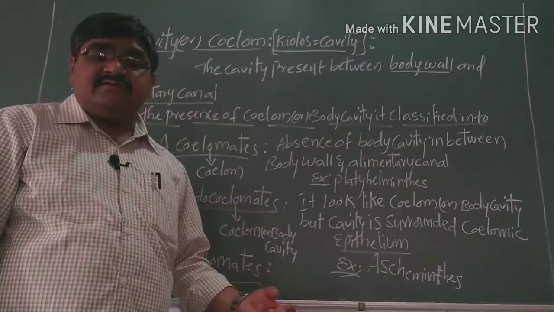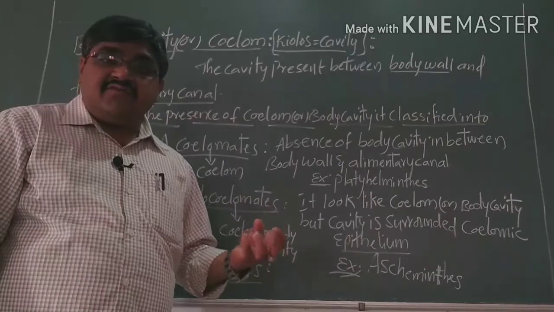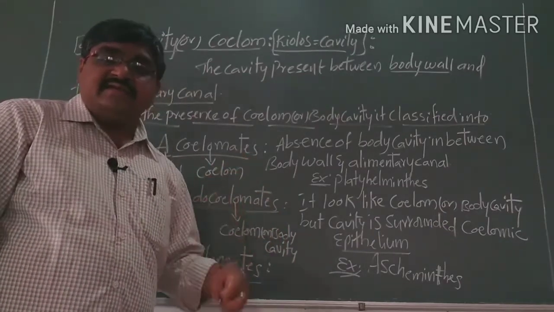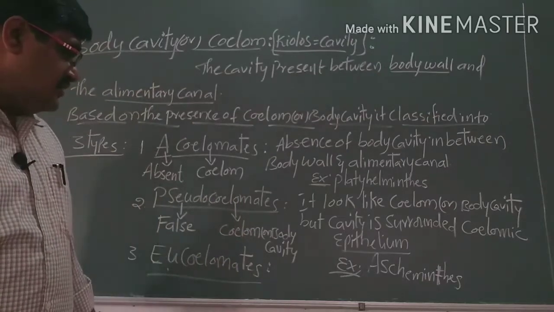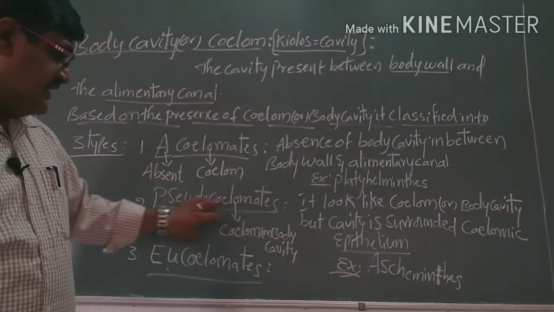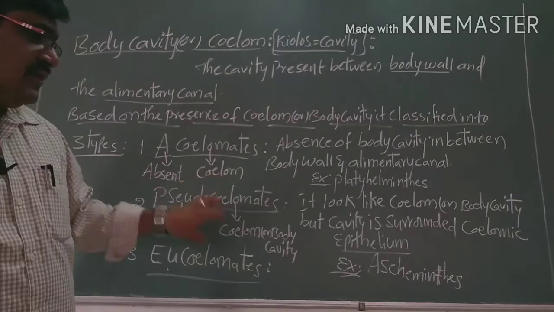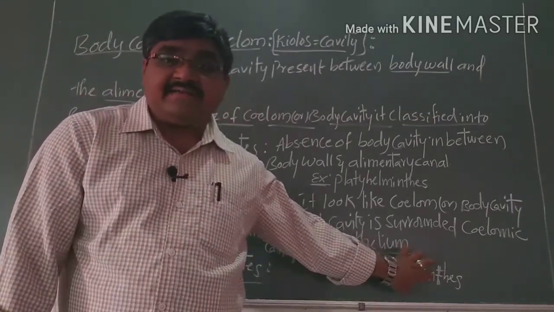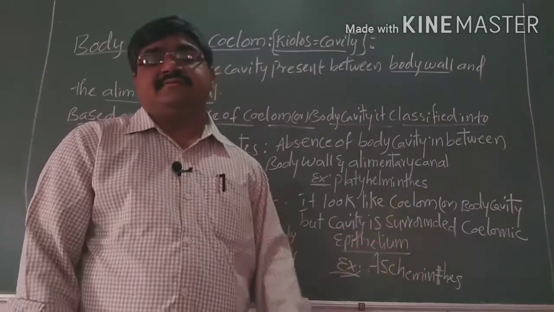Otherwise, we can define it as a body cavity that looks like the coelom but is not a true coelom, and such organisms are called pseudocoelomates. An example is Aschelminthes.